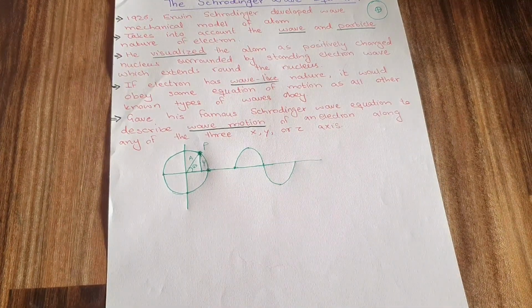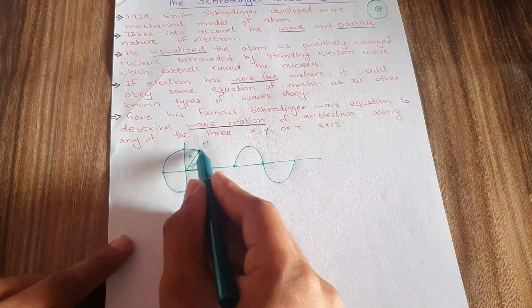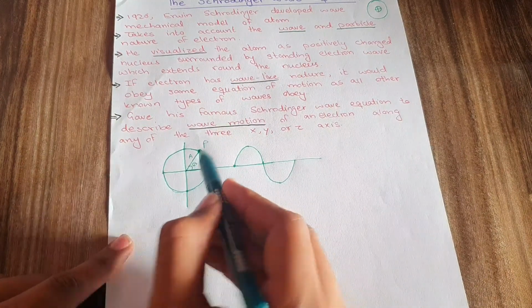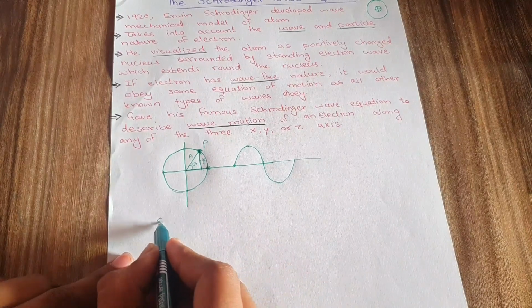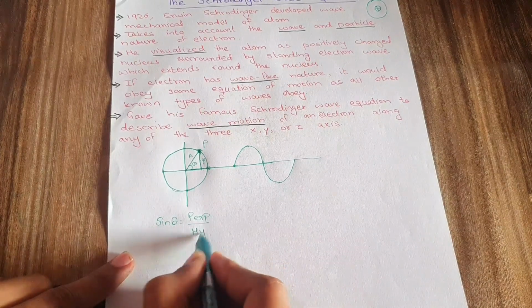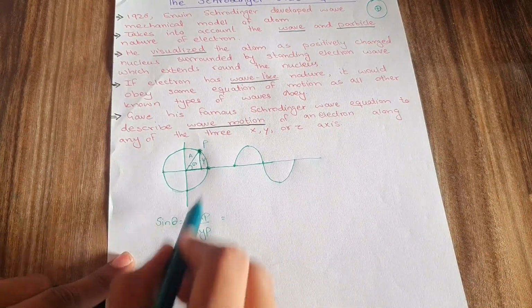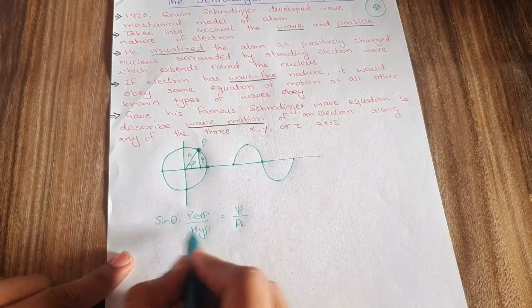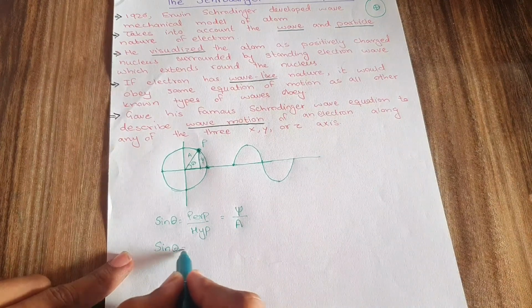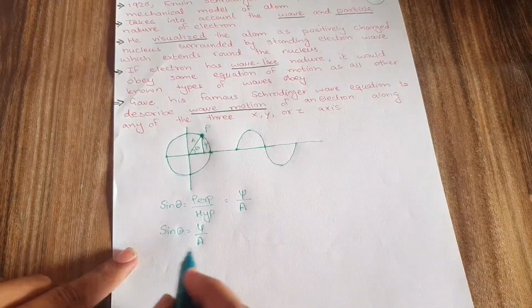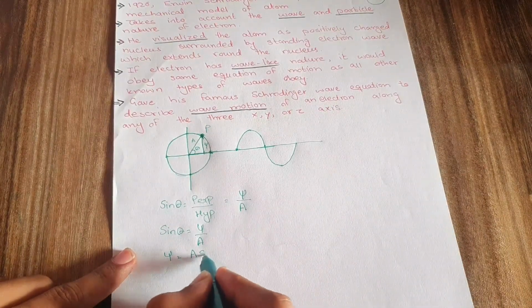Now, as you know, sine theta is equal to perpendicular over hypotenuse. In this triangle the perpendicular is psi and the hypotenuse is a. So sine theta is equal to psi over a, and multiplying by a, I can say that psi is equal to a sine theta.